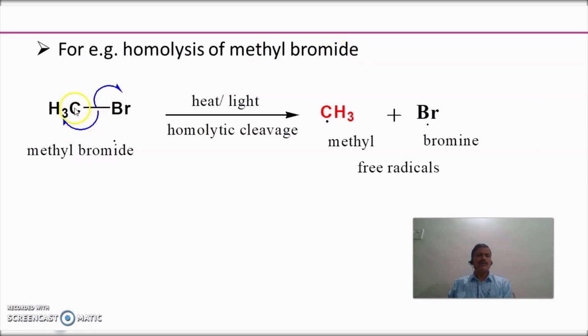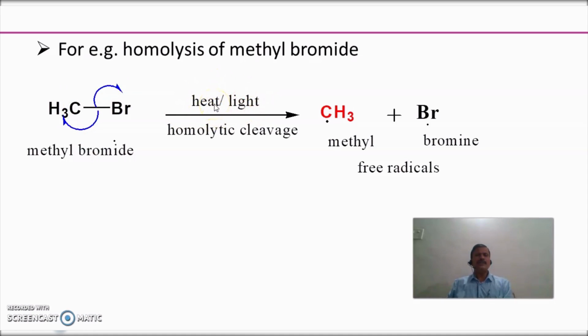When we look at this molecule, there is a covalent bond between carbon and bromine, which is broken in such a way that both combining atoms, carbon and bromine, get one electron each. How does it occur?